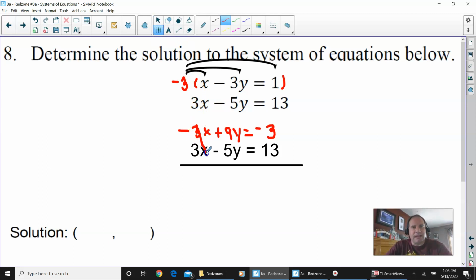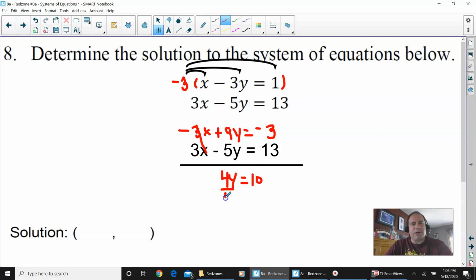I have the x canceling now, and I'm going to bring down this 9y minus 5y as positive 4y, and a negative 3 plus 13 as a positive 10.